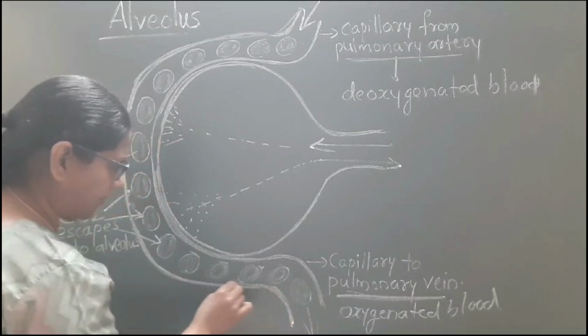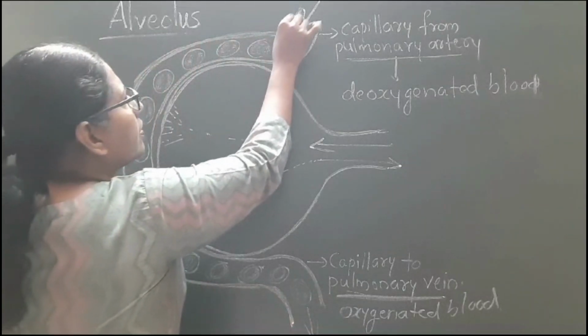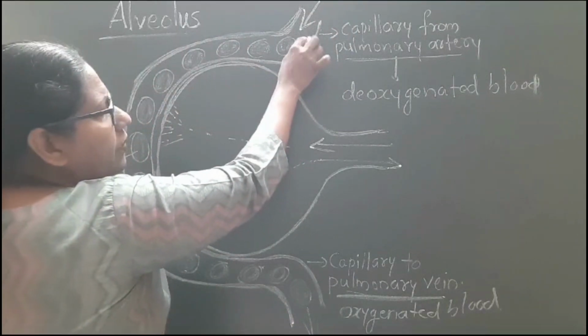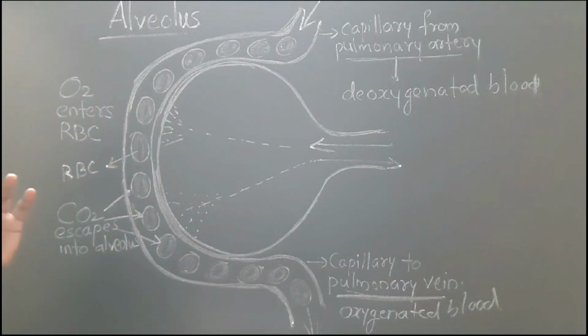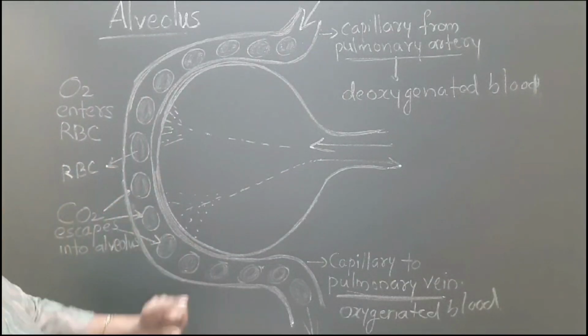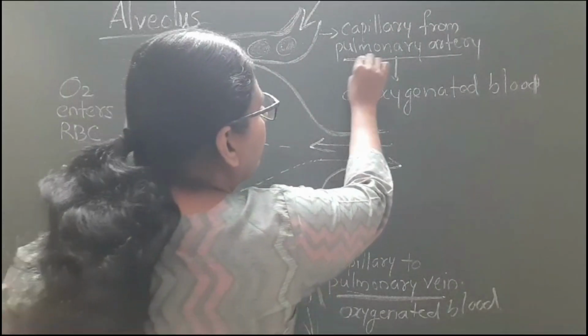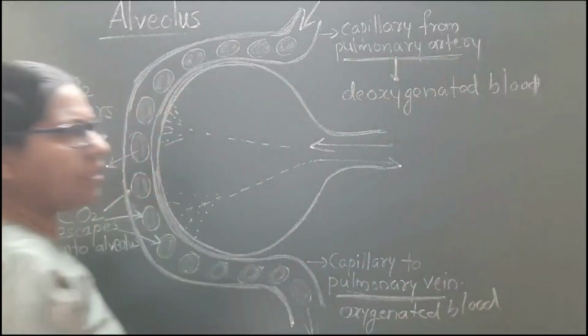This is a capillary. These capillaries are from the pulmonary artery. In the circulatory system, we learned that arteries carry oxygenated blood except the pulmonary artery. That means the pulmonary artery carries deoxygenated blood.